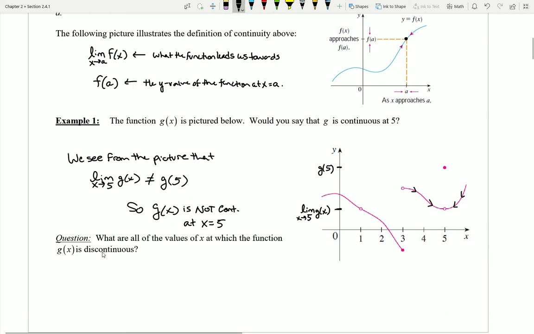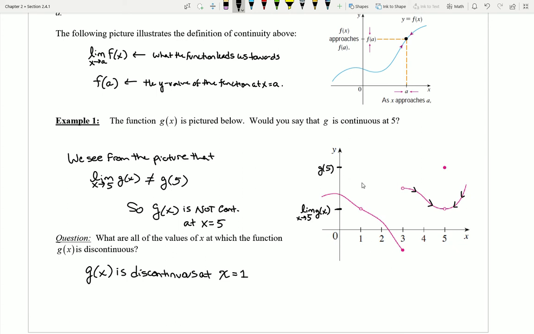Well, we can see a lot of other spots where this is going to also be a problem. So I'll say that g of x is discontinuous, and here are just a couple of the points. You might have already spotted some. Take a look at x equals 1. At x equals 1, the path is leading me towards, it looks like almost the same y value as what was over here.